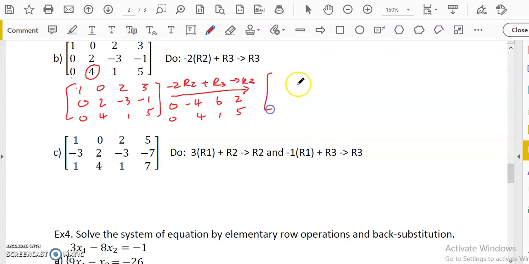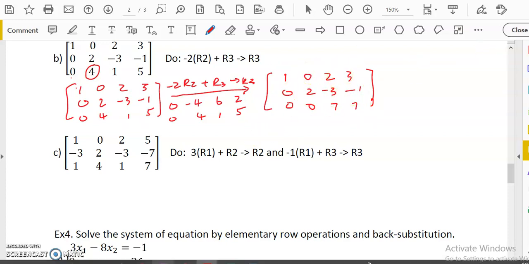You can see R1 and R2, I just copy: 2, 3, 0, 2, and 2, -3, -1. And I have 0, 0, 7, 7. So now this is an upper triangular system, and you would have x3 equal to something, x2 plus x3 equal to something, and you can do back substitution to solve.